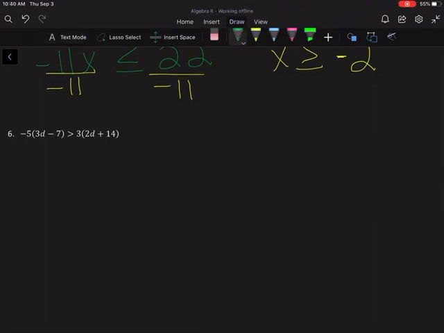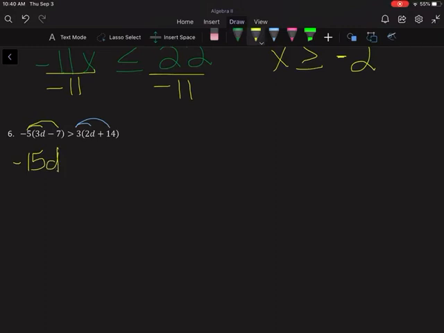Okay, last one here. Go ahead and write that out. Okay, so first step, we're going to distribute this negative 5, and we're going to distribute this 3 on the right.